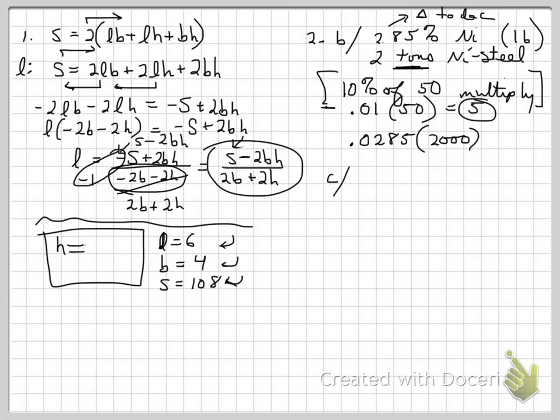So for C, it says, out of a lot of 360 brass castings, so I have 360 brass castings, 24 are spoiled. I write down my information, what percent, and I write down what I'm asking. Well, again, think of something very simple.